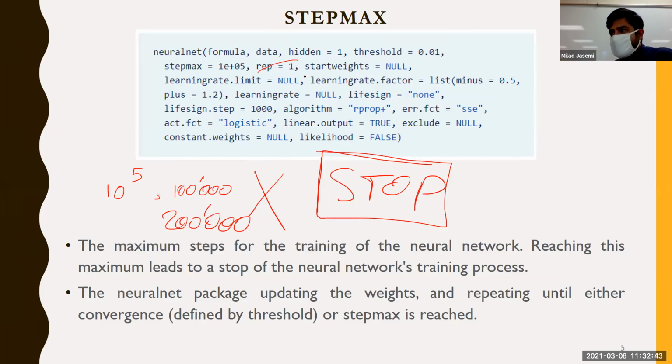What about start weights? My friends, what is start weights? So far, how did we handle start weights? All of them were random. So when you don't put anything, it is random. But there are some professionals who are very experienced with some neural networks and they don't want to start randomly. They have a very good start for them. So they give those inputs here and they would be vectors.